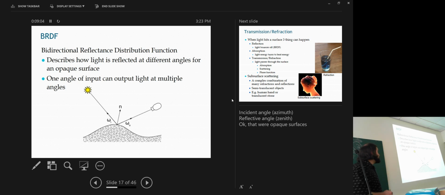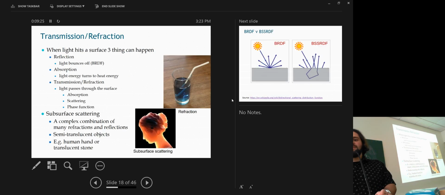So this one only describes the surface reflectance, when the light interacts only with the surface. But with this function, we can't quantify the amount of light that penetrates the matter and is transmitted. So we can't really work with translucent objects with this one. Except for the reflection, which is very well characterized by BRDF, and usually opaque surfaces can be well described by BRDF, but we have problems when we have light penetration into the matter.